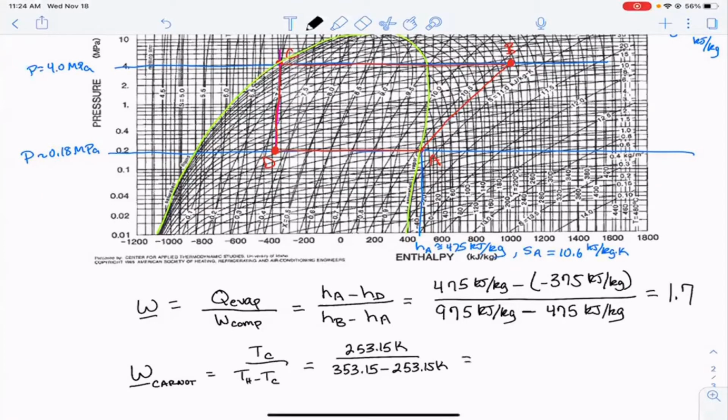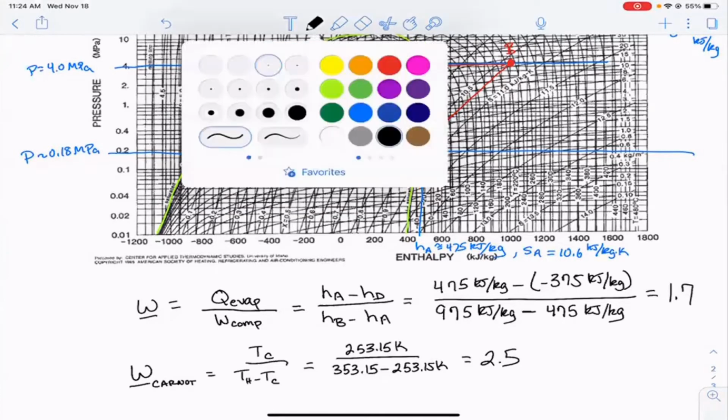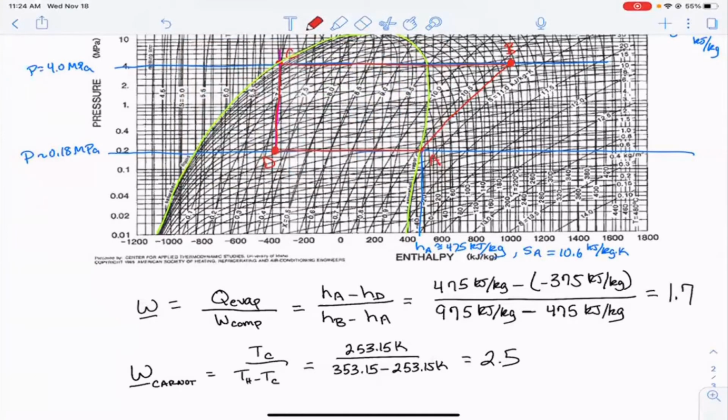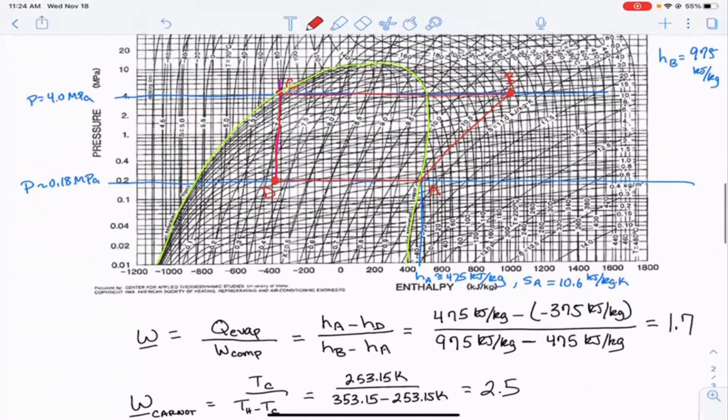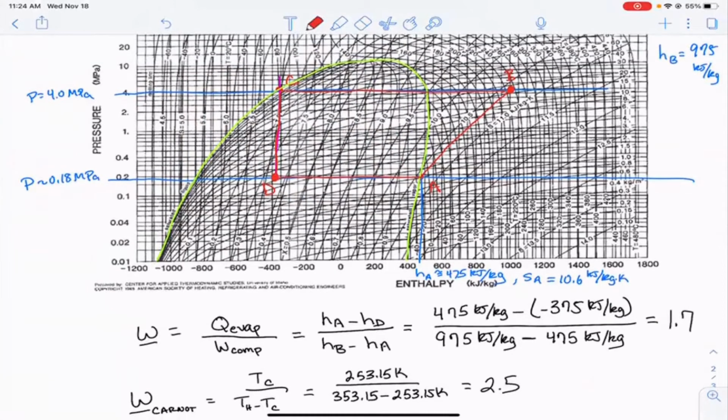And that is equal to 2.5. So just like a real engine can never have an efficiency greater than the Carnot efficiency, in a refrigeration cycle its coefficient of performance can never be greater than the Carnot coefficient of performance. And this proves that that's true for this particular cycle.